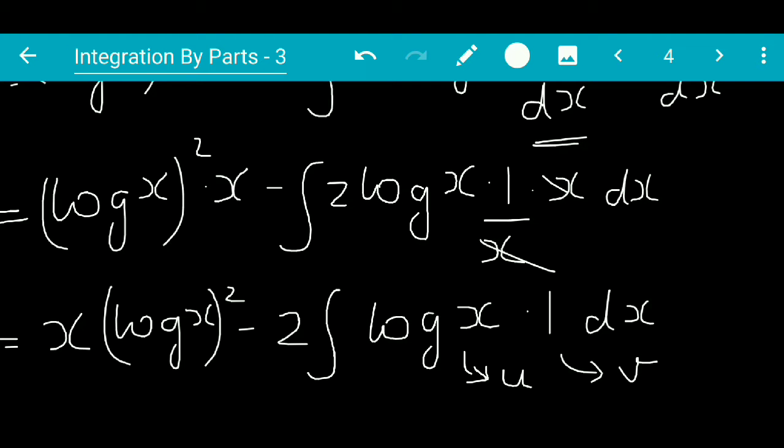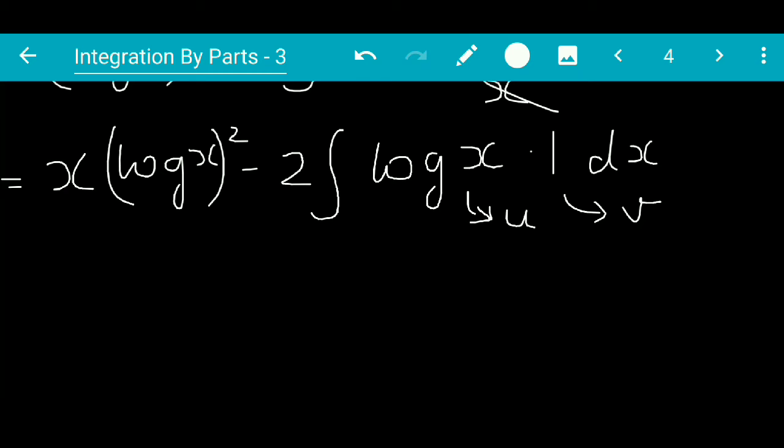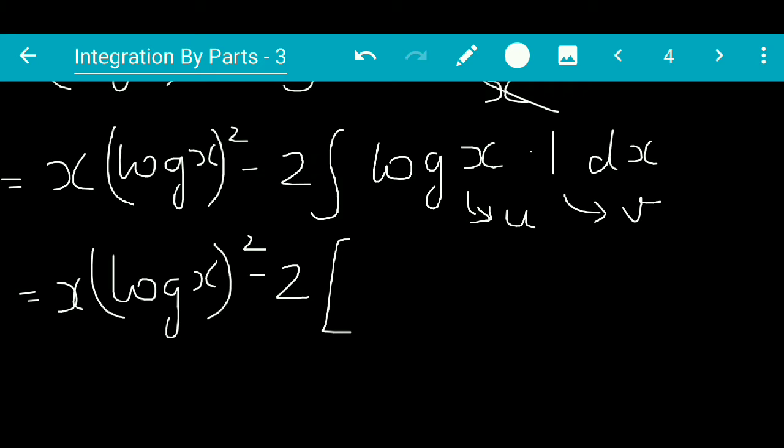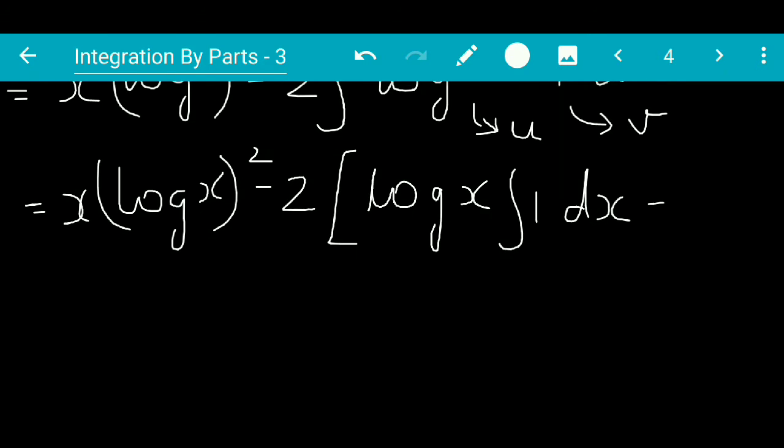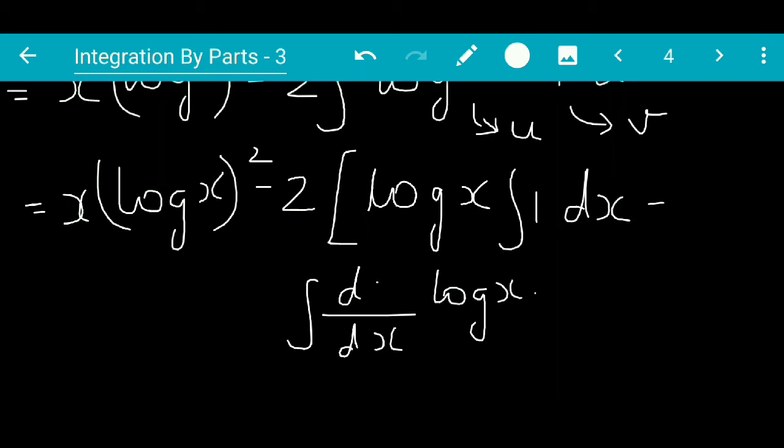So again we integrate by parts, so that our term now becomes, we take 2 common here and inside the bracket we get log x, the same formula, that is log x into the integral of 1 dx, minus the integral of d dx of log x into the integral of 1 dx, dx. A common dx is there, isn't it?